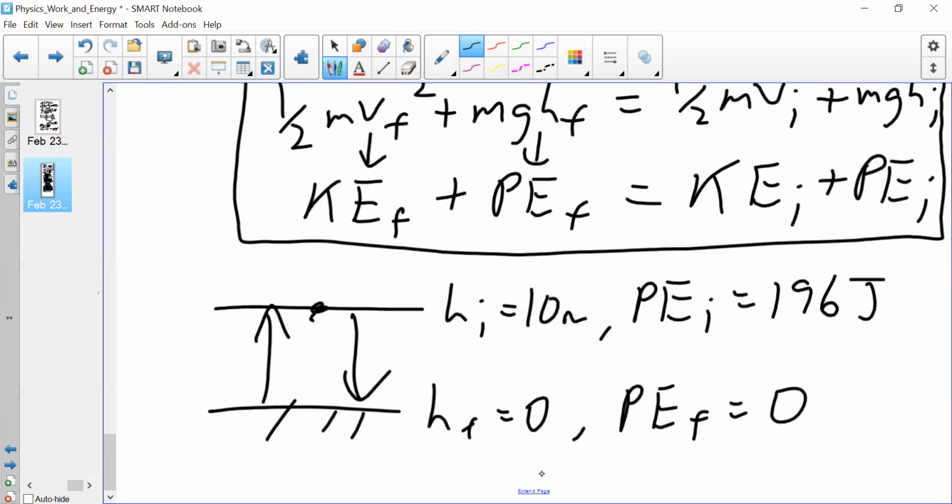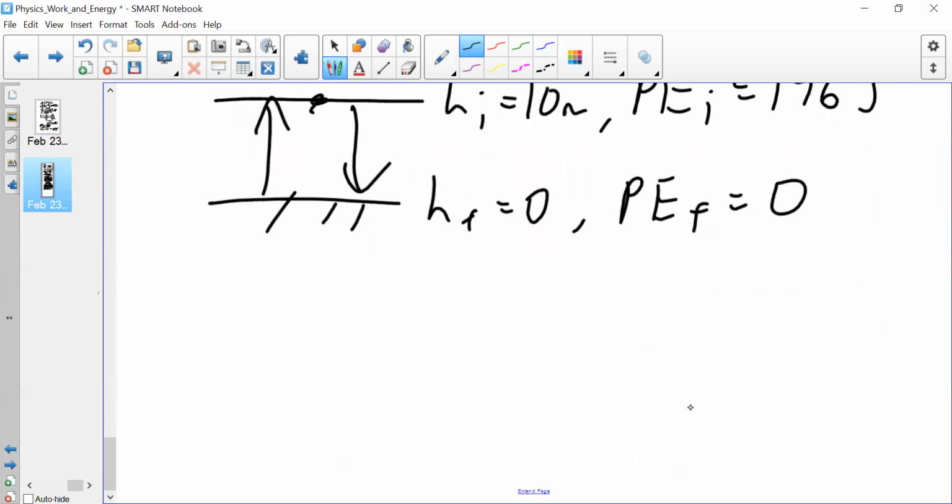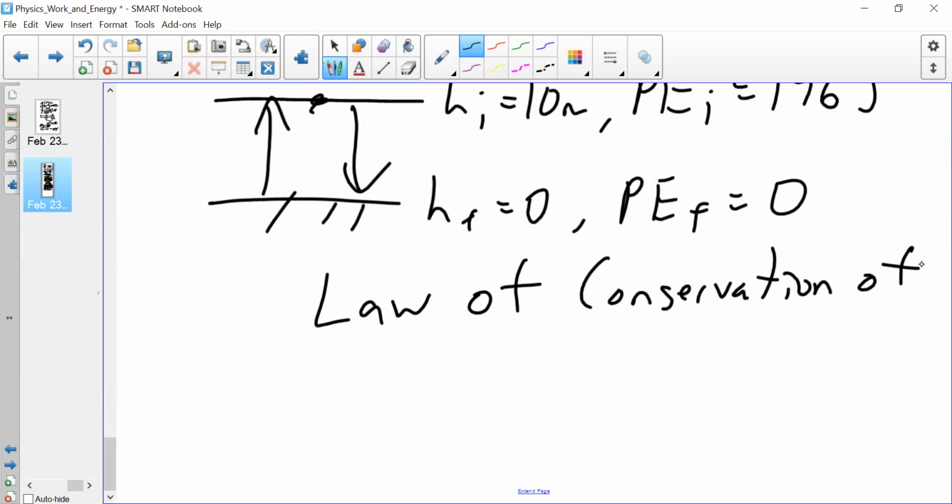So what we just did there is we derived the equation for the law of conservation of energy. The energy in the beginning, the initial terms, is equal to the stuff in the end.